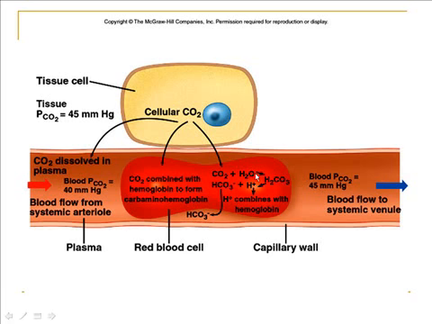Carbon dioxide and water to become carbonic acid, which then dissociates to become hydrogen and bicarbonate ions. The hydrogen teams up with hemoglobin inside there, and the bicarb slips outside the cell. There's an enzyme in there that assists all this conversion.